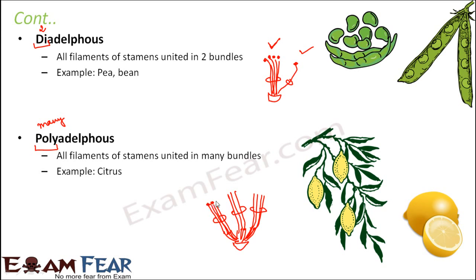And the anthers are still free. So even now the anthers are free. So now you have multiple bundles. So all the filaments are united, but they are all in different bundles. So that is known as polyadelphous. So these are some of the different types of arrangement of stamens in different flowers.